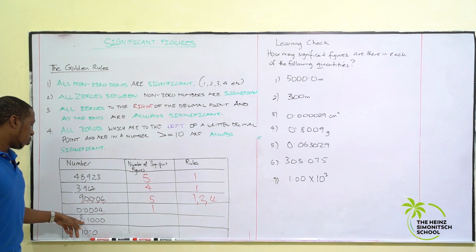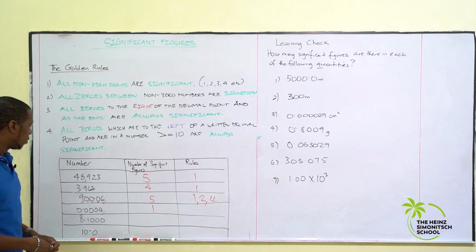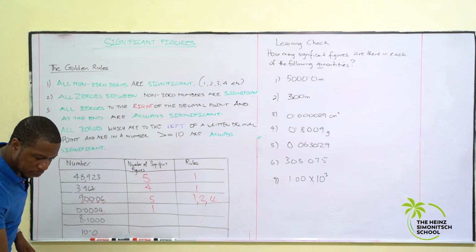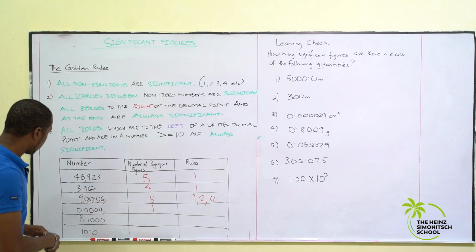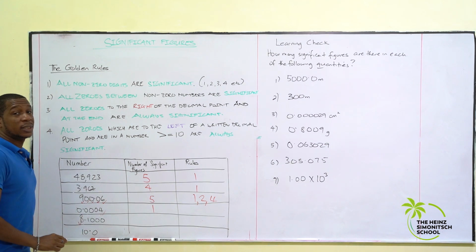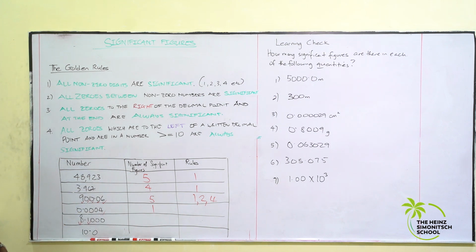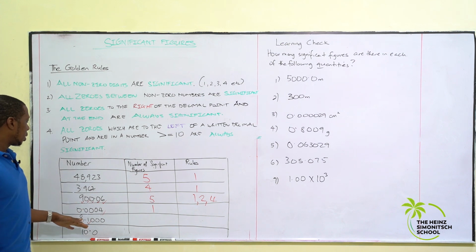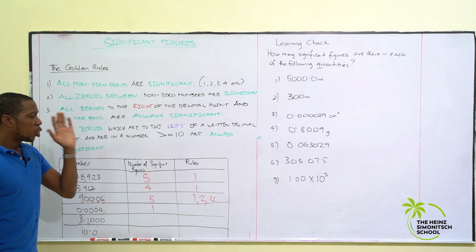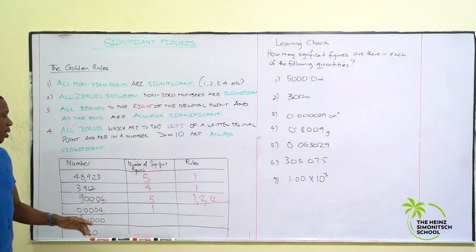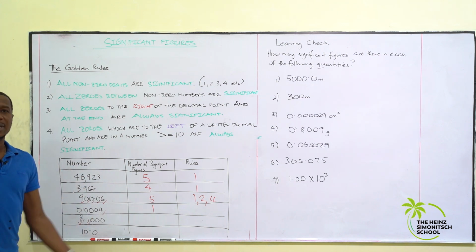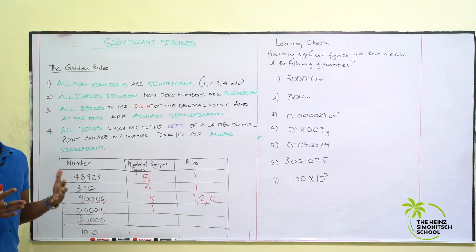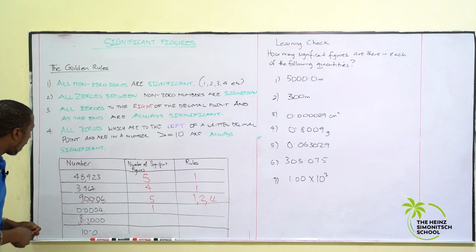We realize that 8 is significant, so we can indicate that. 8 is significant, as well as 1, because they are both non-zero numbers, and the rule says that trailing zeros, which are zeros that come after the decimal, are significant once they are a part of a decimal number.